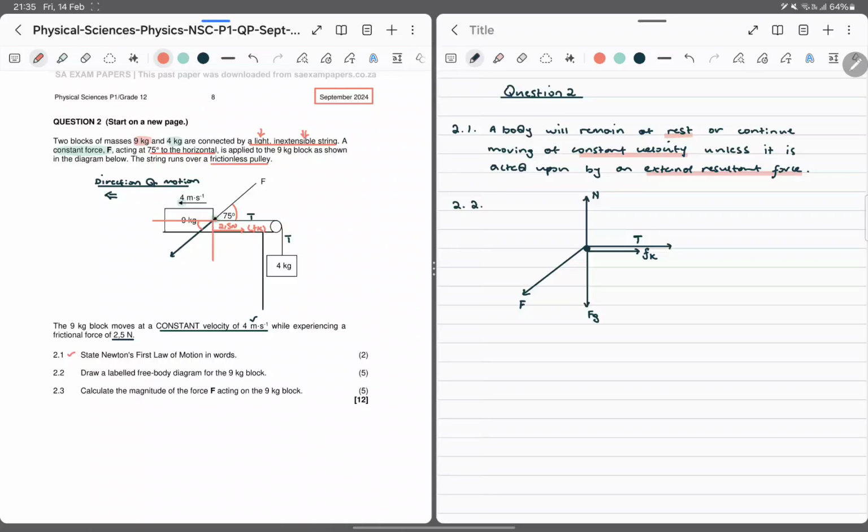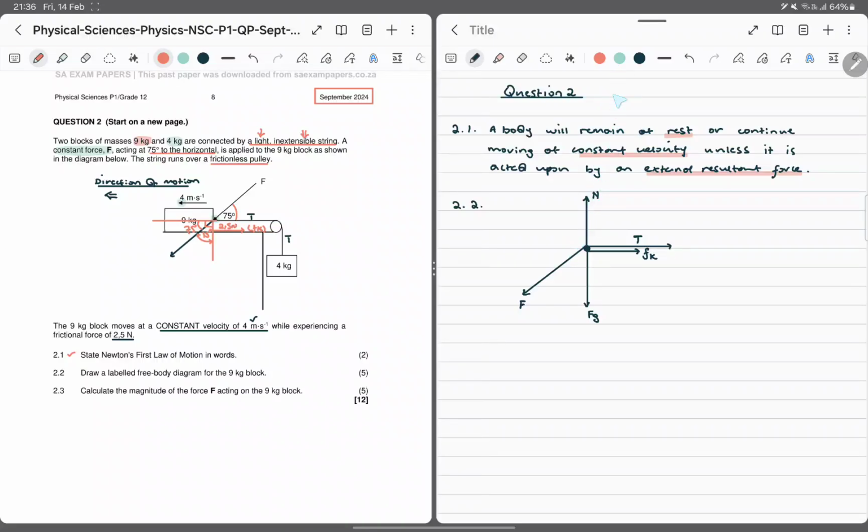If we say this is the vertical, right here, now we know that this is going to be 75 degrees. But if that is 75, we know that this whole angle should be 90 degrees, right? So what should this angle be? 75 plus what will give us 90 degrees? It's going to be 15 degrees, isn't it? Yes. Am I lying? 75 plus 15. Why am I doubting myself here? That should be 15 degrees.